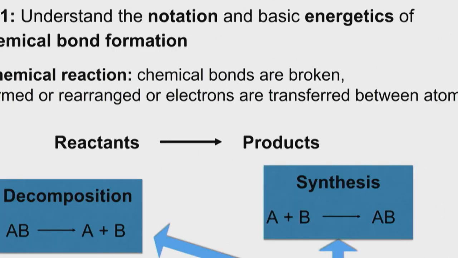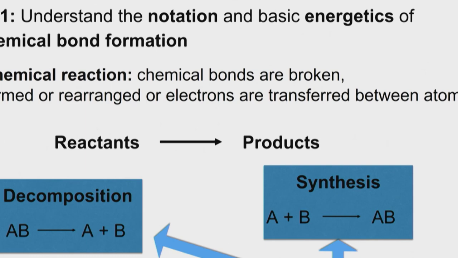So let's continue this notation and look at a couple of classic chemical reactions. We're going to have our reactants on the left and our products on the right, and we're just going to use some A's and B's to represent any types of chemical compounds, kind of like you would in algebra.